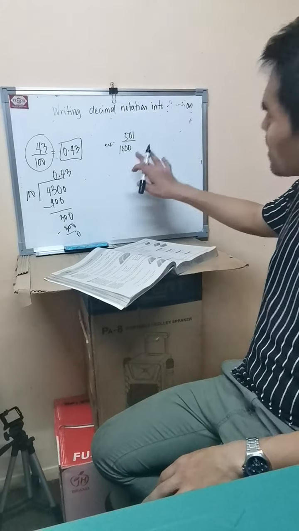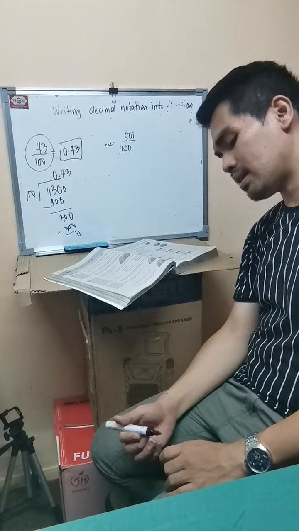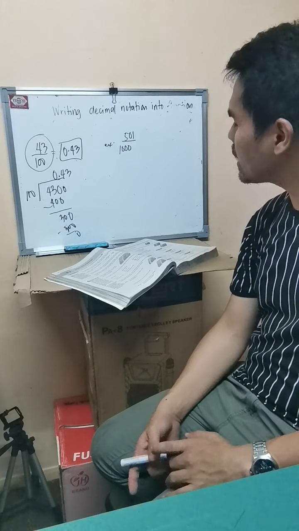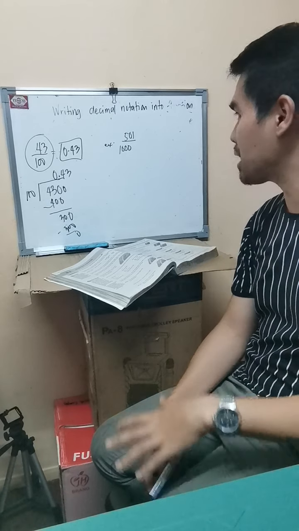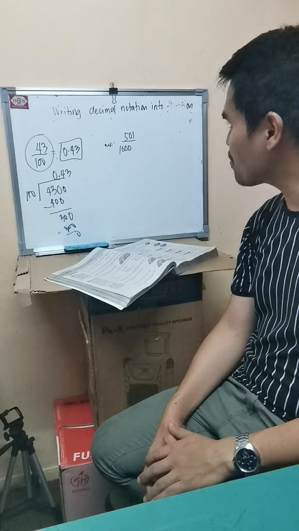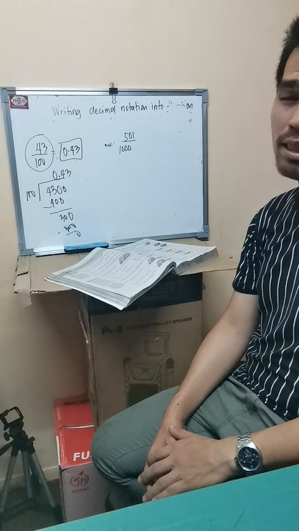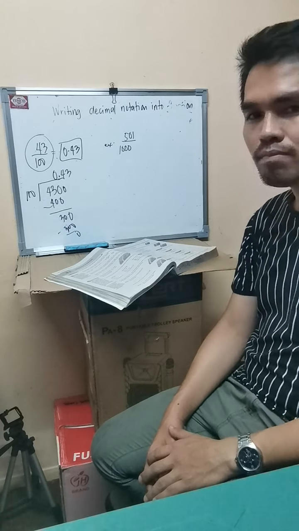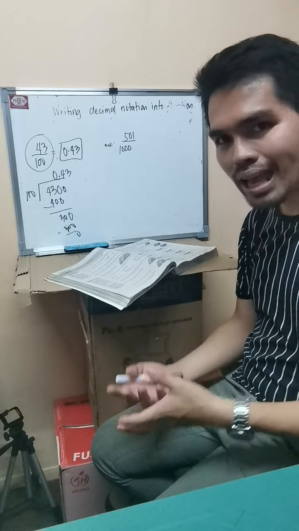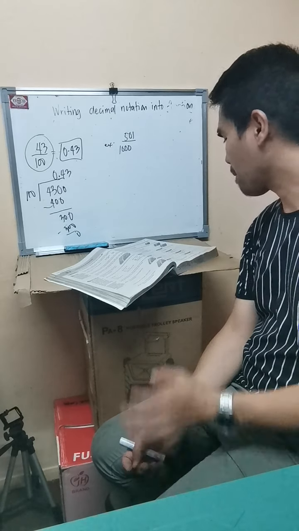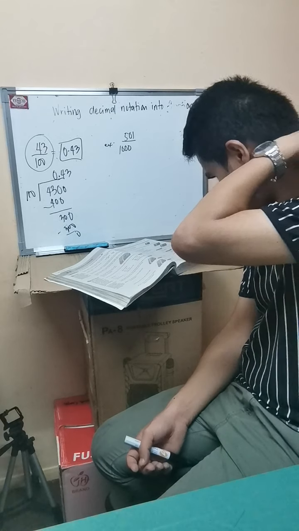So with this one, what do you think is the equivalent decimal notation of the fraction 501 over 1,000? Okay, 2 minutes. Try it and then I'll show the answer later on. Okay, we're good with this one.